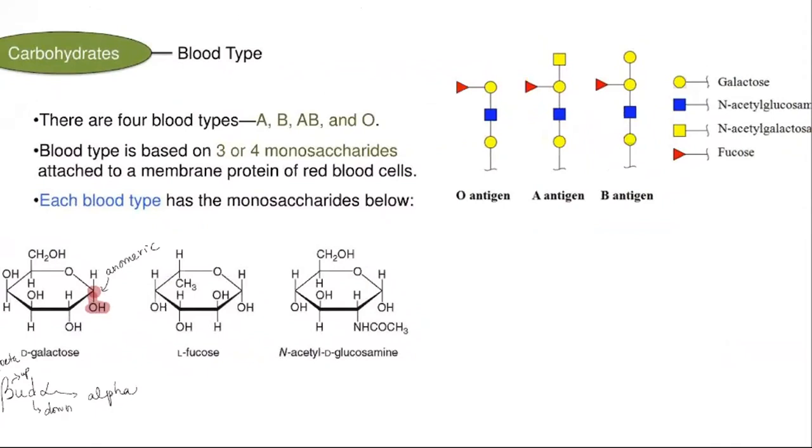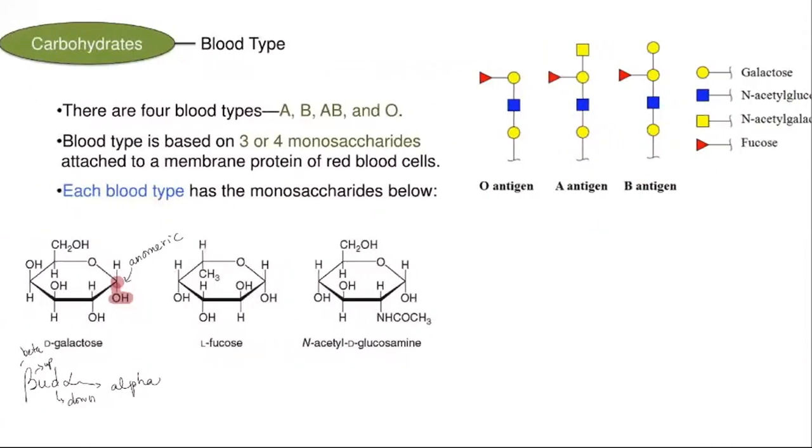But as you can see here, when we look around each one of the different blood types, and here we just have illustrated O, A, and B, where we also have AB, understand that the 3 monosaccharides that we have here are illustrated. Let me just highlight them right here.